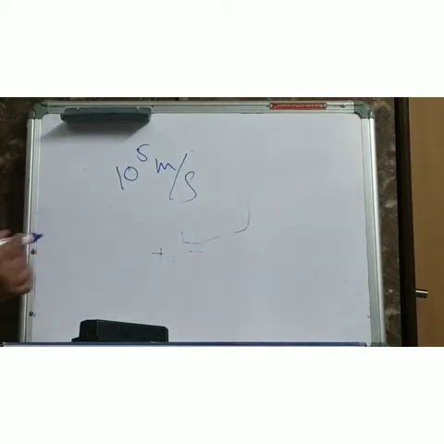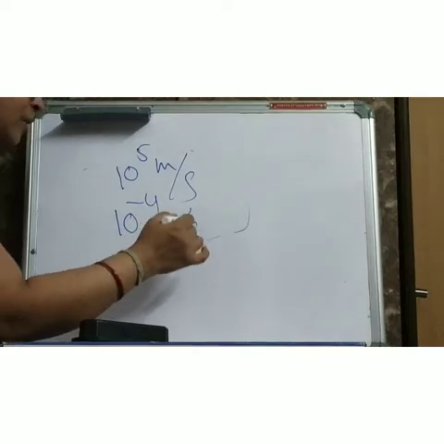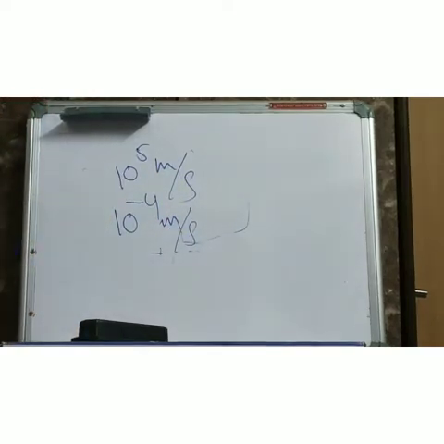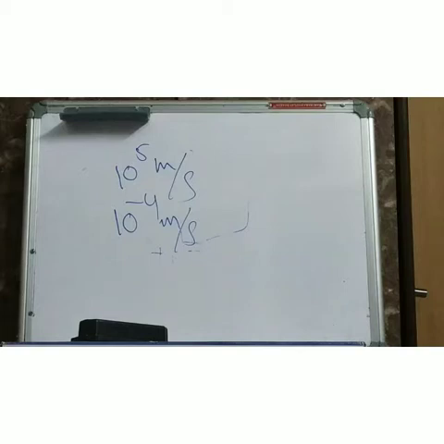Drift speed is around 10 to the power minus 4 meter per second. See how small it is. This drift speed determines the strength of current. It is not the speed of current.